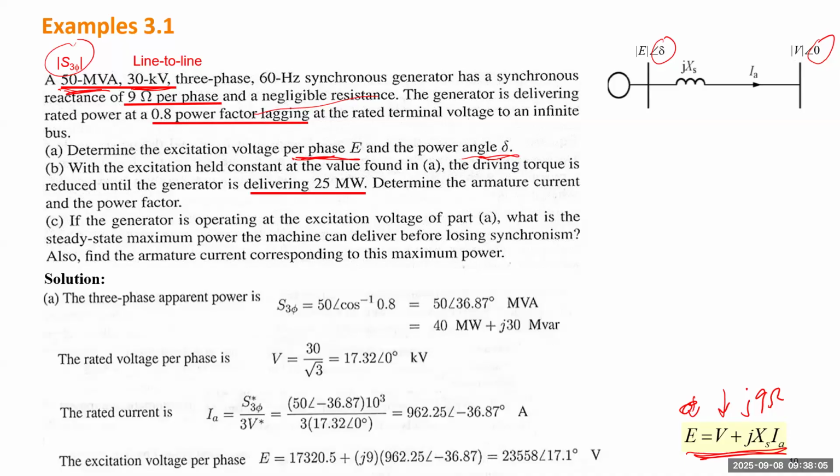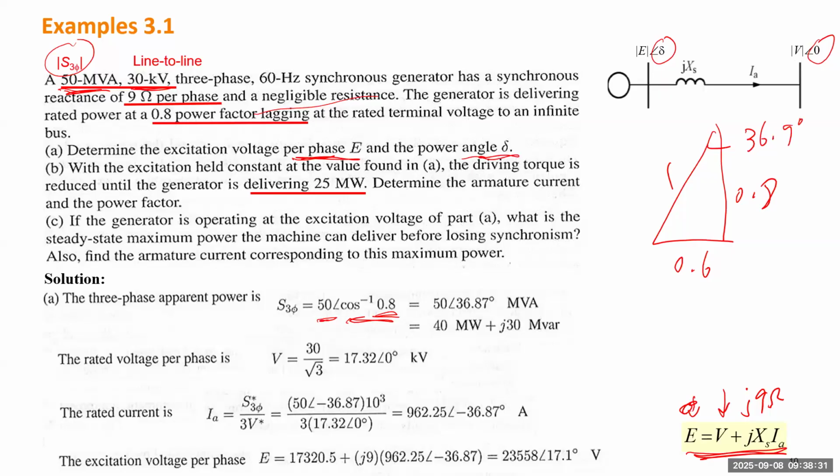First, from the apparent power 50 and the power factor 0.8, we can get the angle. 0.8 is actually from this triangle. You need to memorize the triangle. This side is 0.6, and this is 0.8, and this angle is roughly 36.9 degrees.